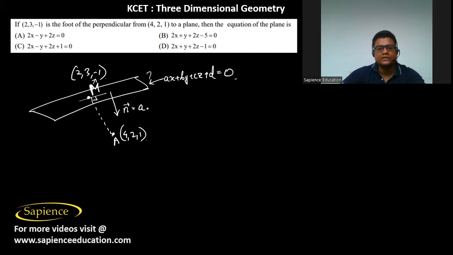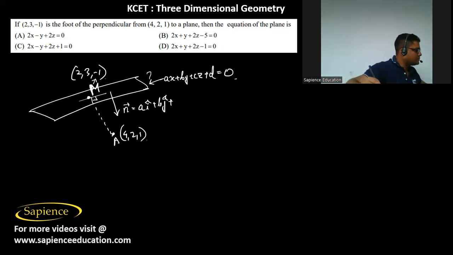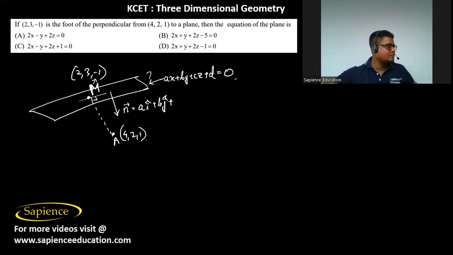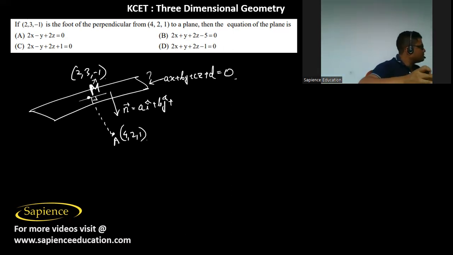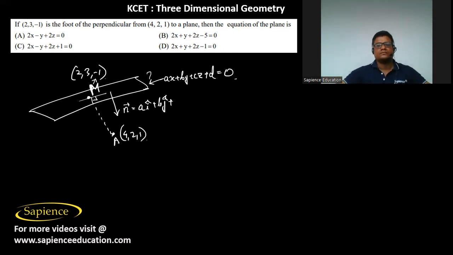So the n vector is a i cap plus b j cap plus c k cap.